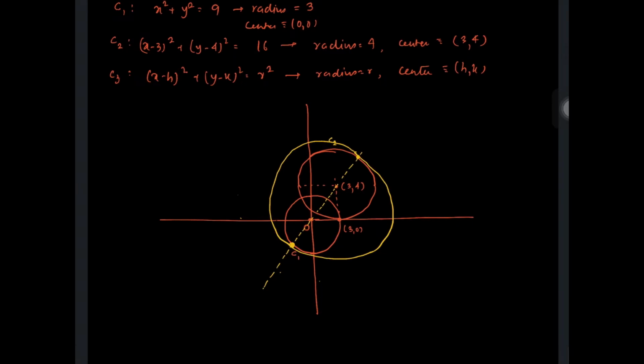So this point is N, this point is M. So what is MN? MN is the diameter of C3.